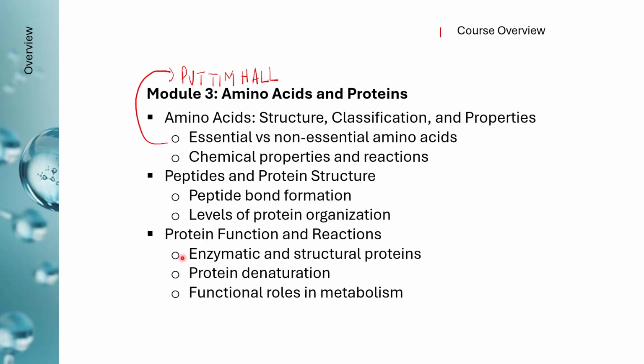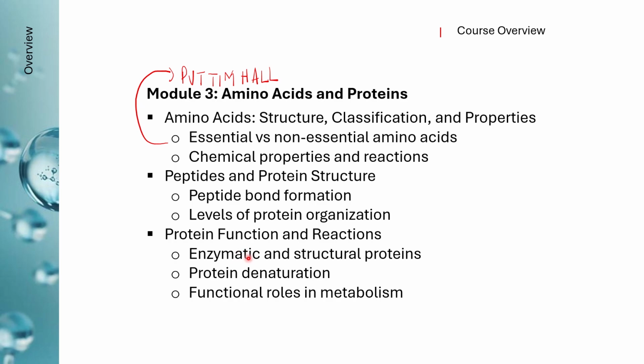We will go from there to consider the different functions and reactions of amino acids and proteins. We'll be considering enzymatic and structural proteins. So proteins have different roles. Some of them perform enzymatic roles, for example breaking down foods in the stomach: pepsin, chymotrypsin.